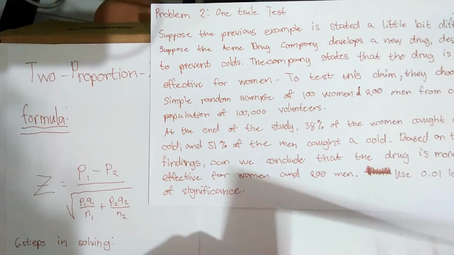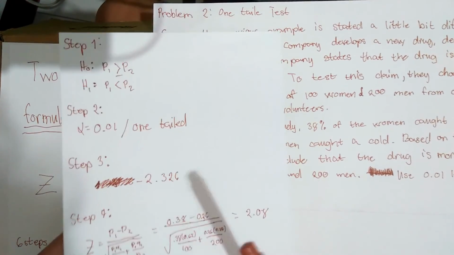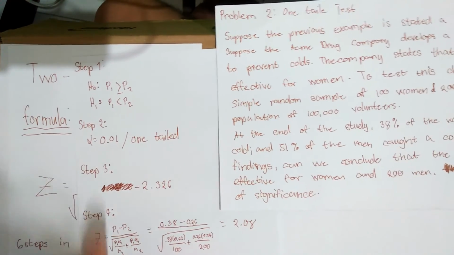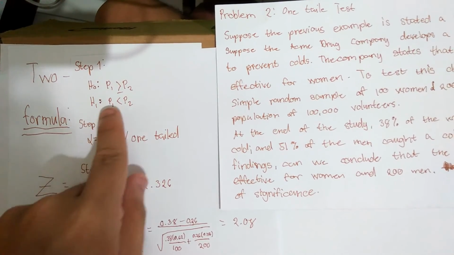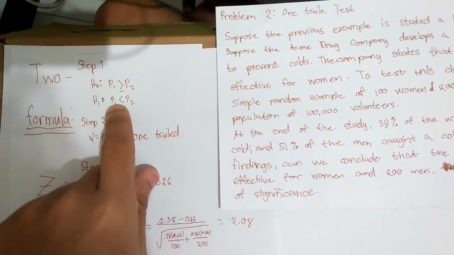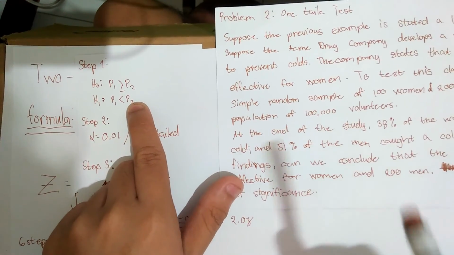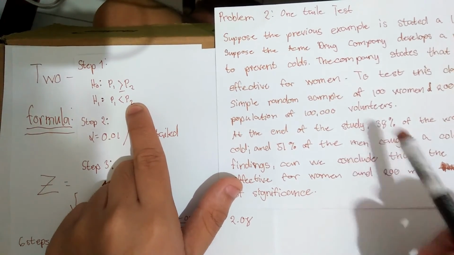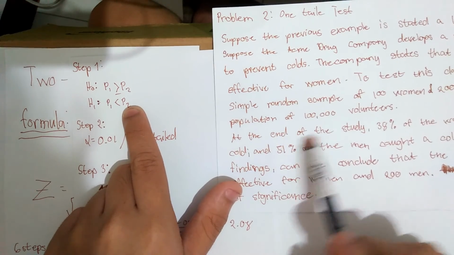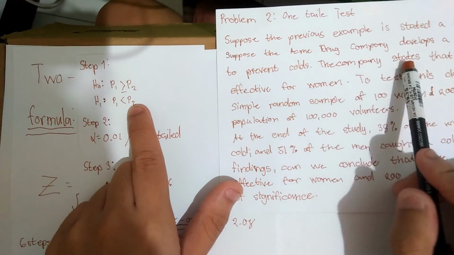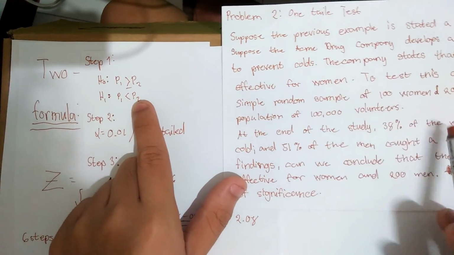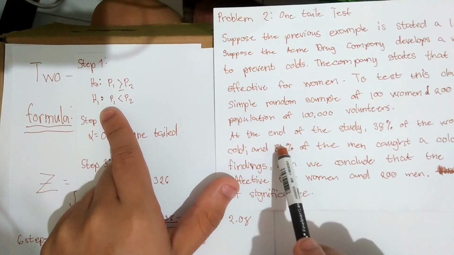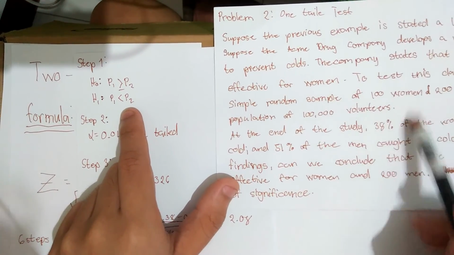Now, resolving this problem, the steps are the same. Step 1, the hypothesis, H0 and HA. Now p1 is less than p2. It is stated here that the company states that the drug is not effective for women. p1 is the men, 51 over 200, and p2 is 38 over 100.